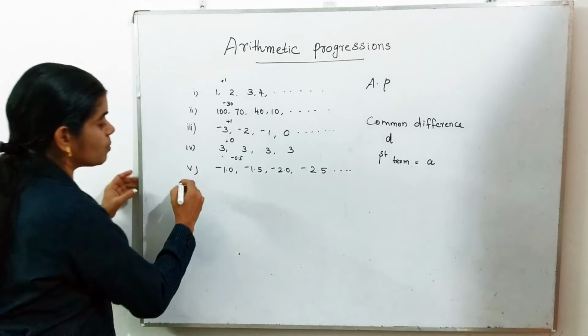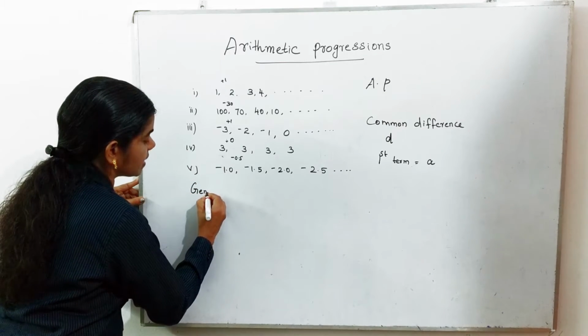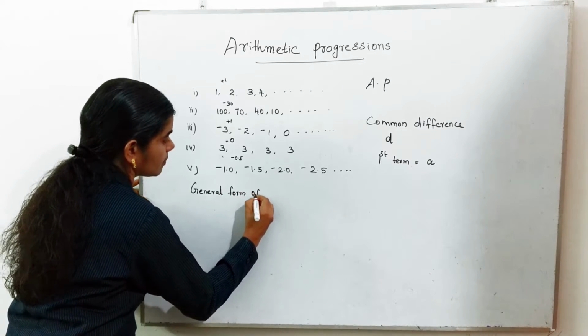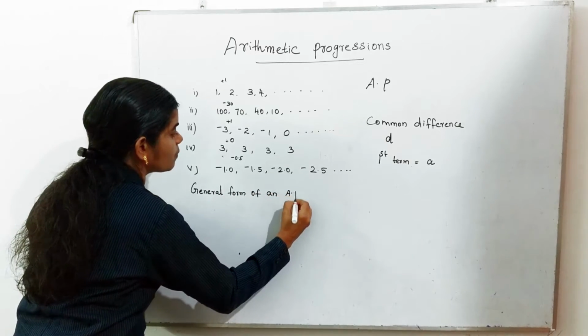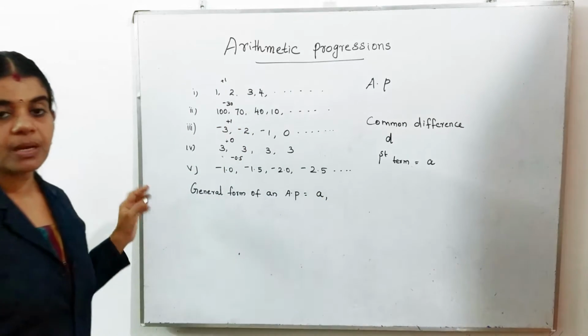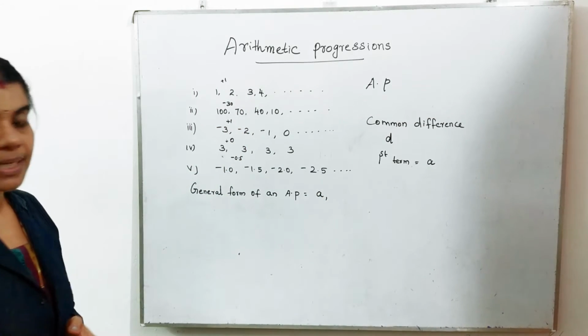Then the general form of an AP is A. A will be the first term. How will you get the second term?